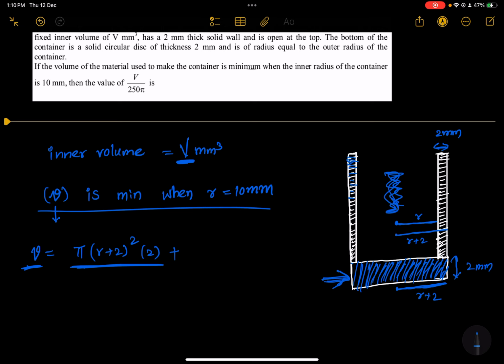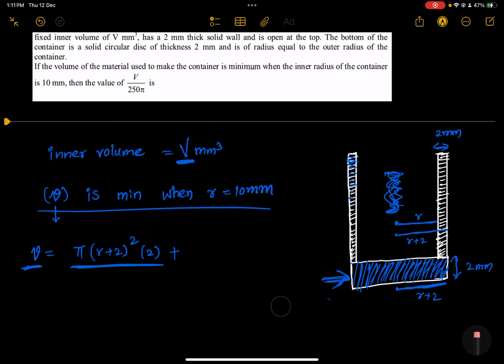So the volume of the solid wall: there is one cylinder inside and one more cylinder outside, and this is the wall. So the volume of the wall will be volume of outer cylinder minus volume of inner cylinder.